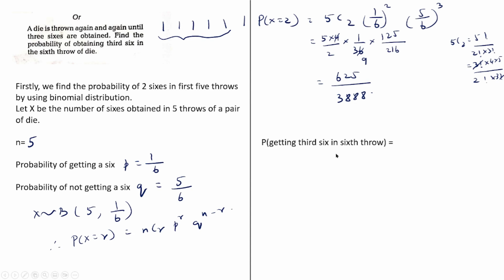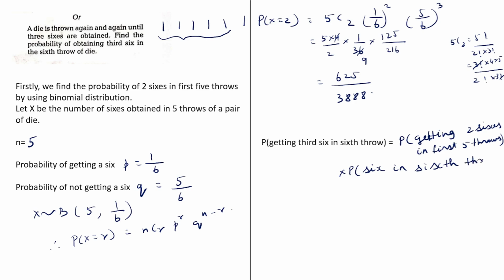So the probability of the third 6 in the 6th row is equal to the probability of getting 2 sixes in the first 5 throws into the probability of 6 in the 6th row, that is the third 6.